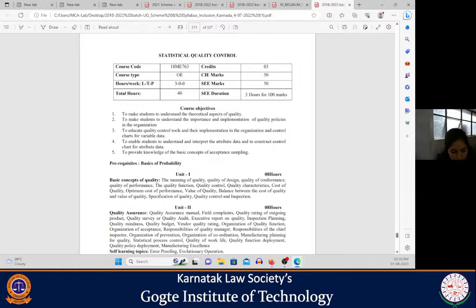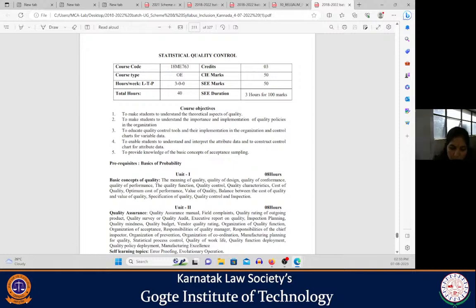Unit 2 is about quality assurance. This concept is used in both manufacturing and service sectors to describe the systematic efforts taken to assure that the product delivered to the customer meets their requirements and agrees with their expectations on reliability, quality, or design.